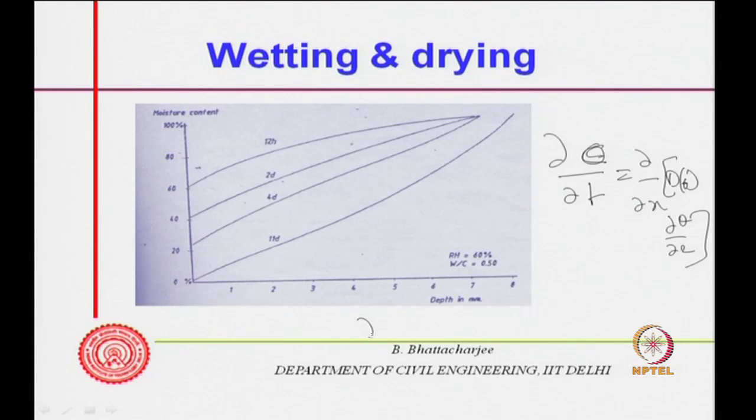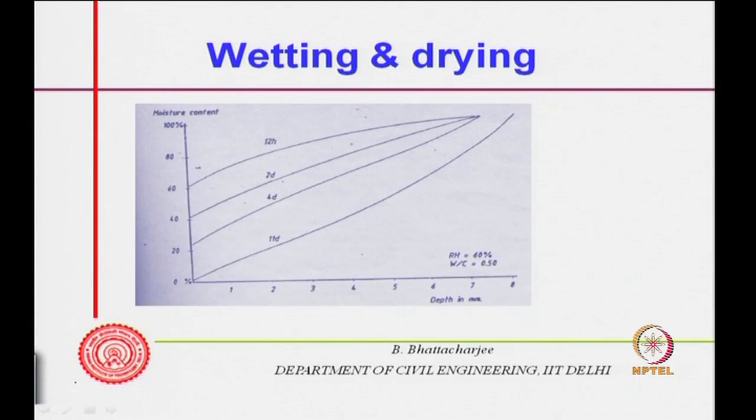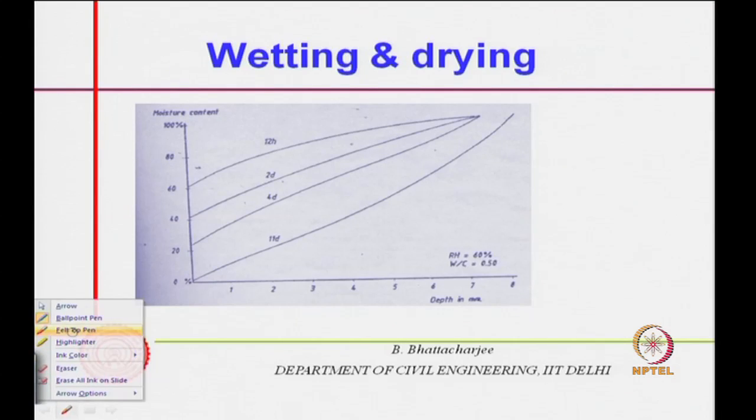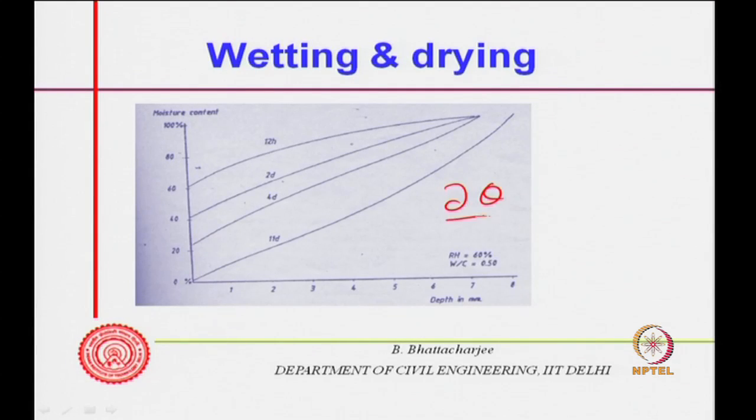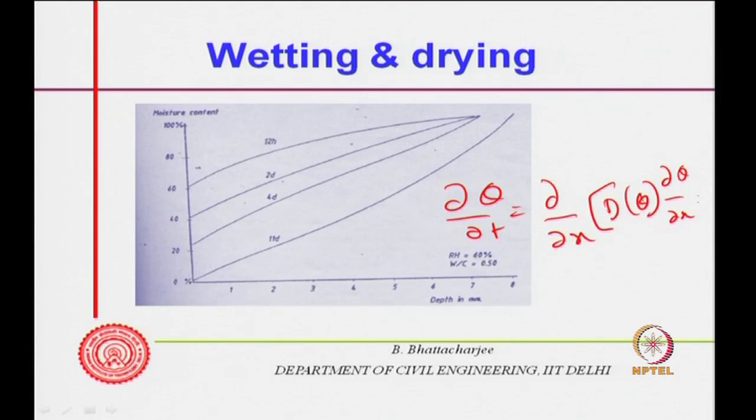Let me write it clearly again. It can be written like del theta by del t, where theta is the relative moisture content, equals del by del x of D, which is a function of theta, times del theta by del x.